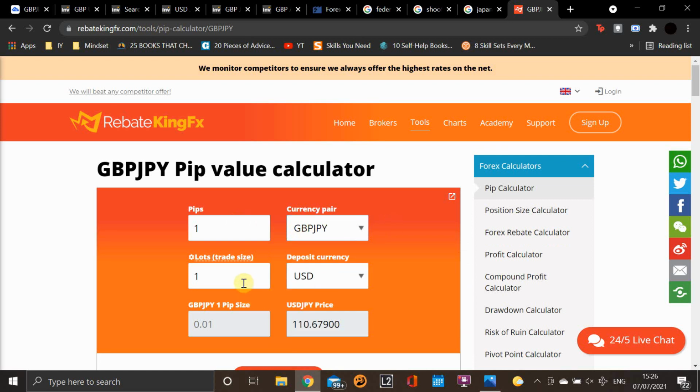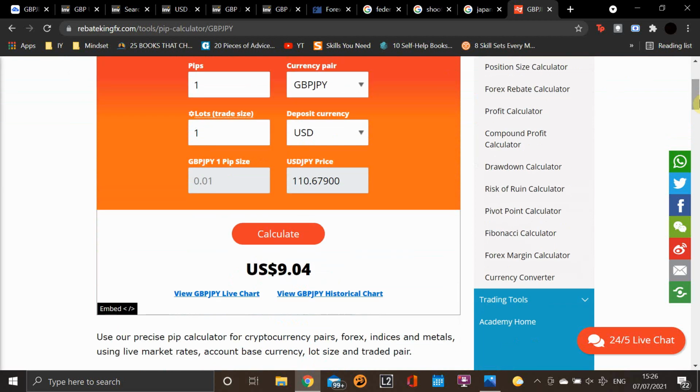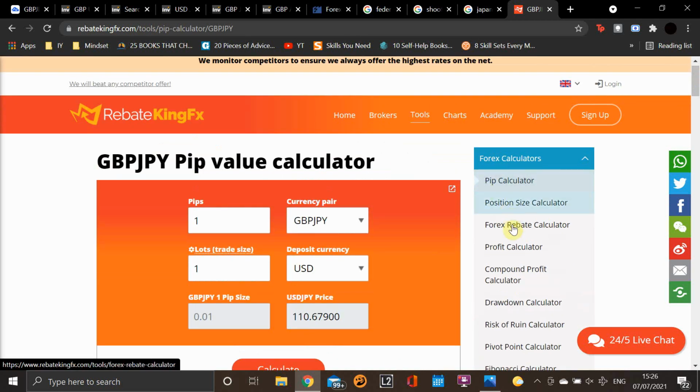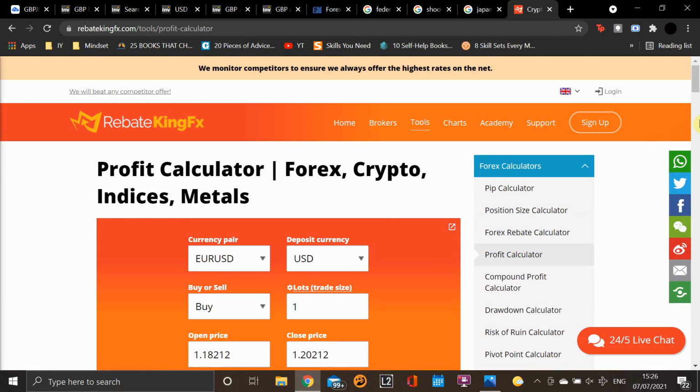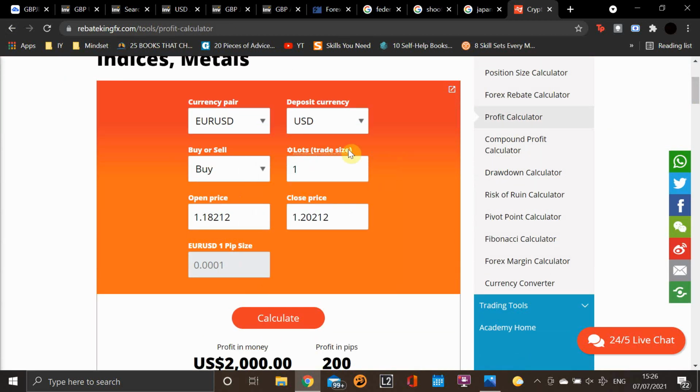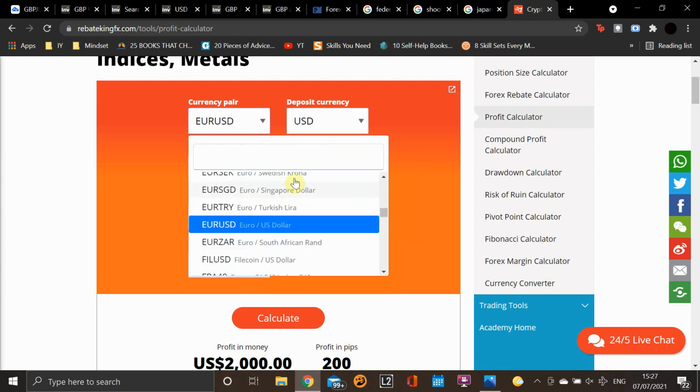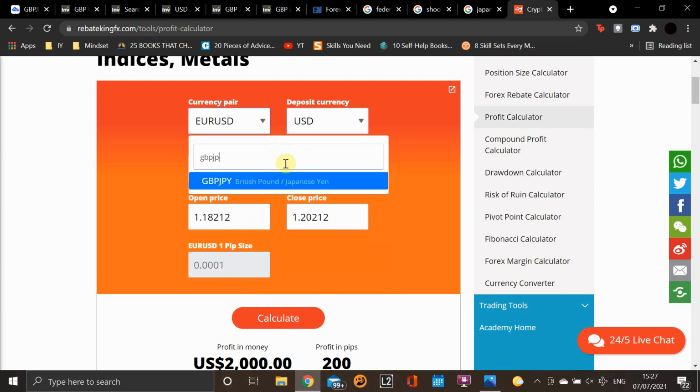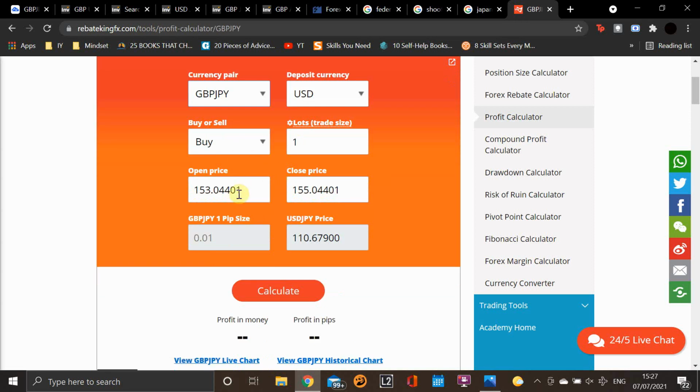So come and look at these people. What are they doing? Okay, so that's what I'm trying to do. GBP JPY. So I'll do this.